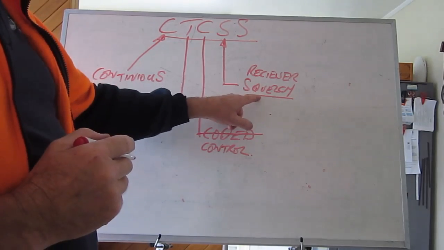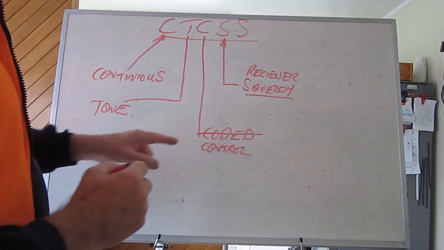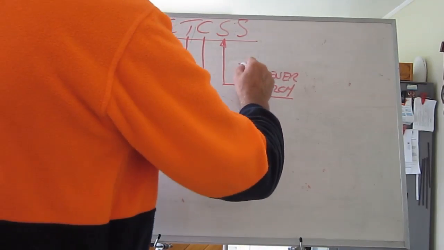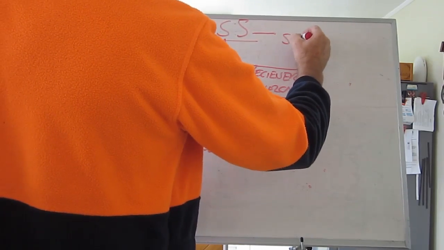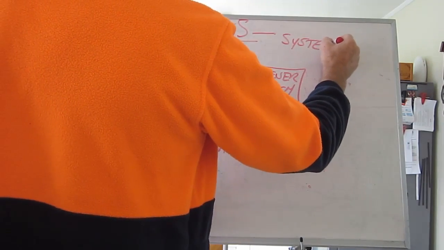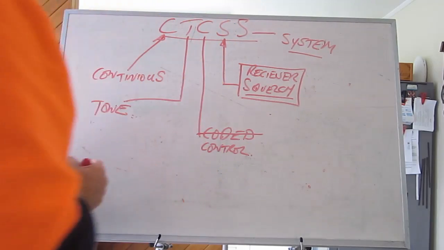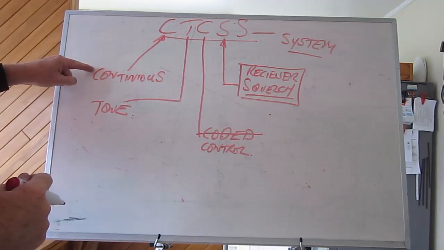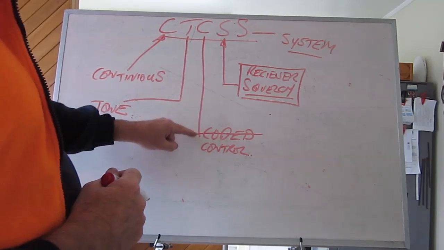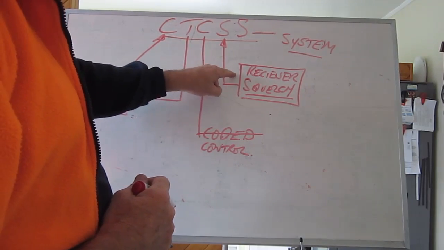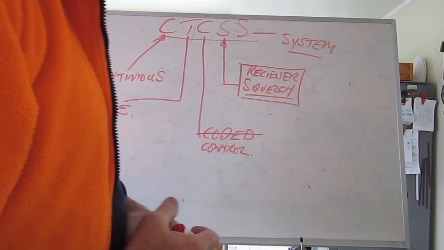The squelch is part of the receiver. The last word is system. So we have a continuous, tone, coded, receiver squelch system.